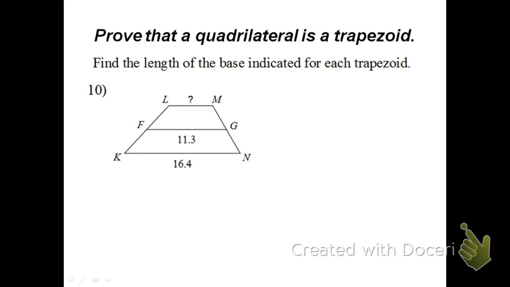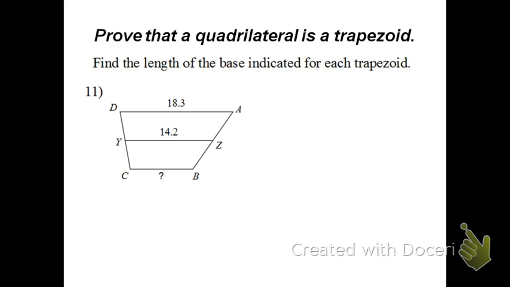Oh yeah, by the way, we started with number 10, because this technically is a continuation off of the previous lesson. Part 2. Okay, let's find the length of the base indicated here. We have DA, which is 18.3, YZ, which is 14.2, and we want to figure, if we're going down, between the 8 and the 4, going down by 4, between the 3 and the 2, going down by 0.1, so 4.1.